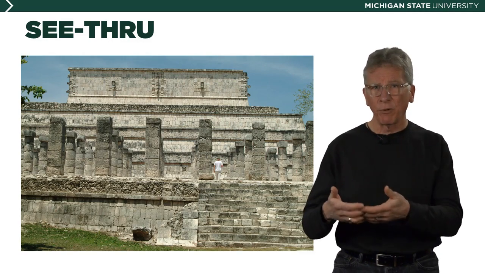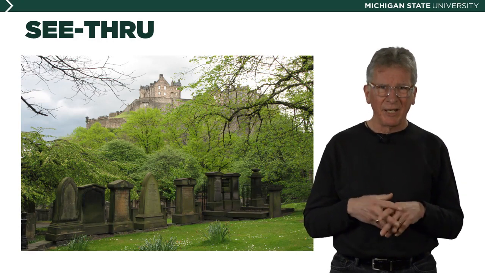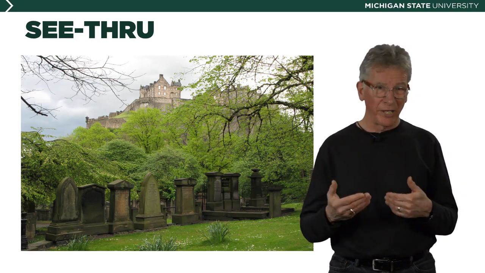There's a classical technique in architectural photography in which photographing a building that's in the distance is accomplished by using foliage that's in the foreground to frame that building in. And it would really be remiss of me not to show you an example of that seeing through technique.